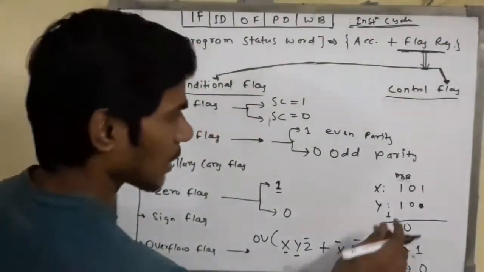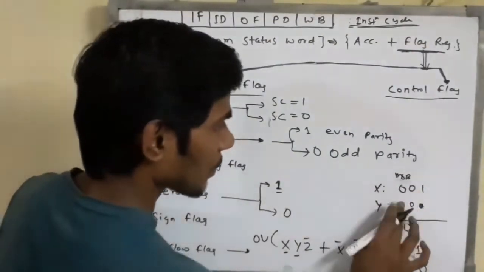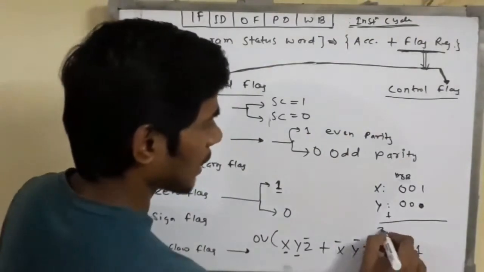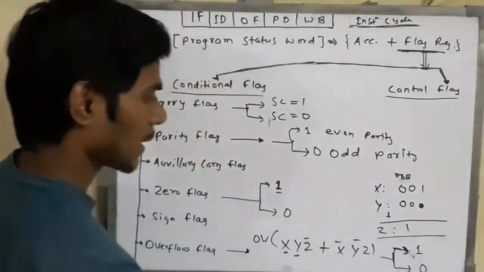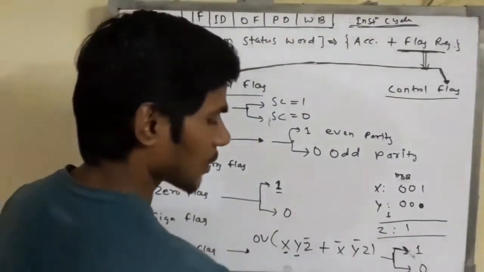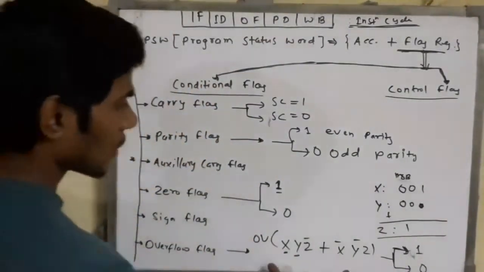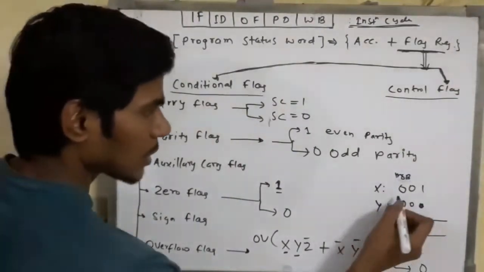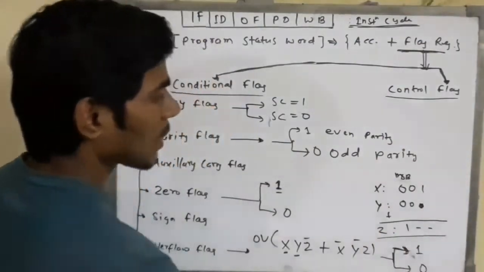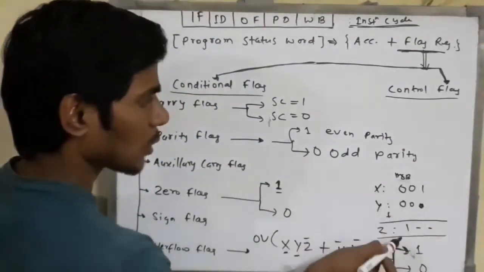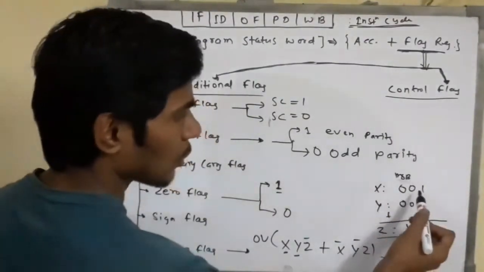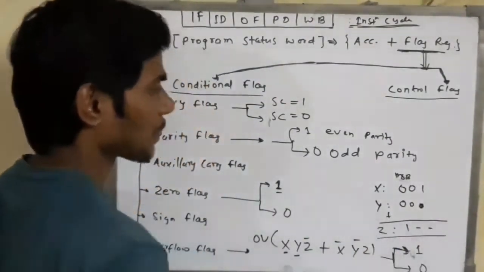The second case is if both x and y have MSB bits 0, and in z the output has MSB bit 1, then the overflow flag will be set to 1, otherwise it will be set to 0. Let's see once more. This is x, this is y, and the resultant is going to be z. We take the MSB bits of both the resultant and operands. First operand is 001, second is 000.